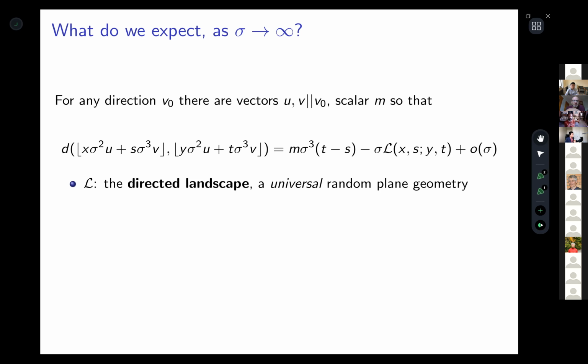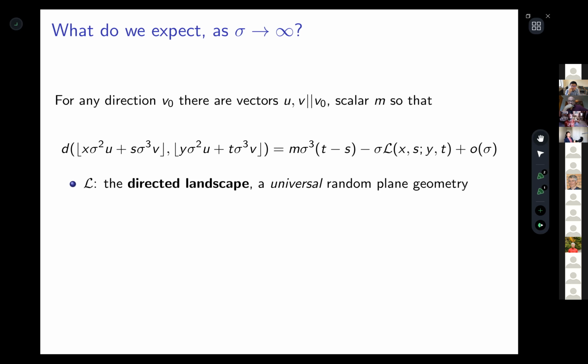First of all, there's a mean term: m times sigma cubed times (t minus s). Those are the coordinates in the V direction, the t and s for the 2 points. It will be roughly sigma cubed, because the mean distance is still coming from whatever the distance was in the lattice. On average, you expect it to be the same size.